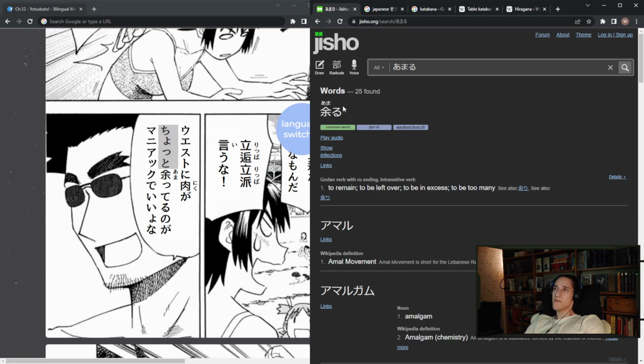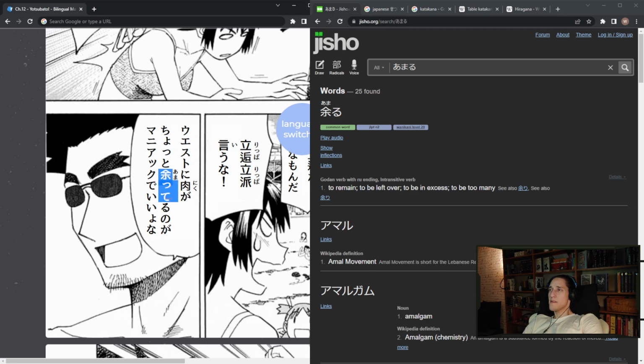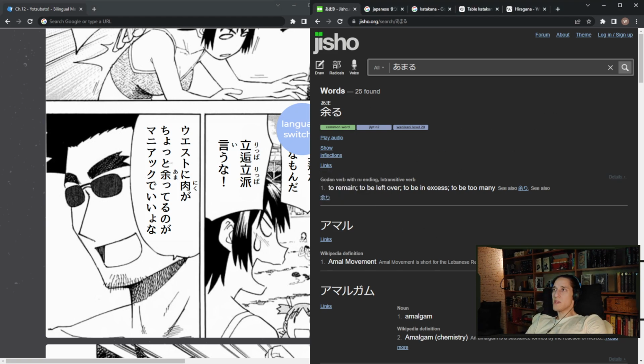There's some food left remaining. All right, so let's get back to this. So amatteru or amatteiru, which is just present continuous of to be in excess, but that's just how they say it sometimes.